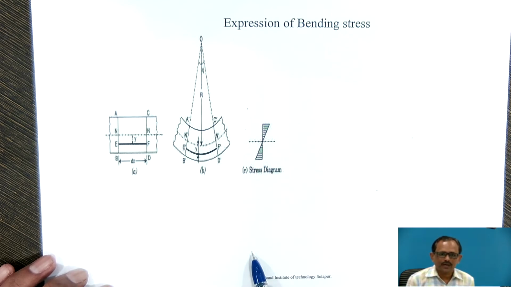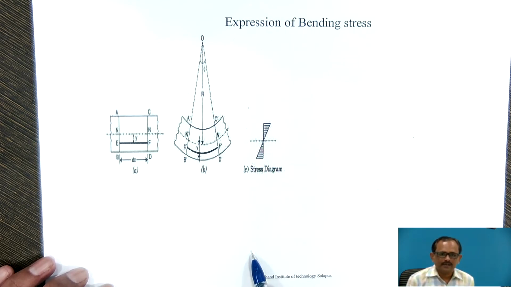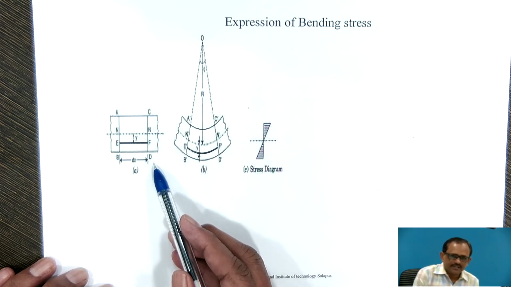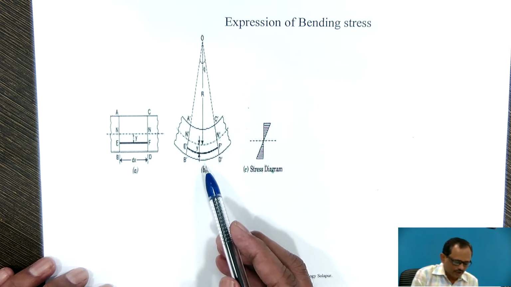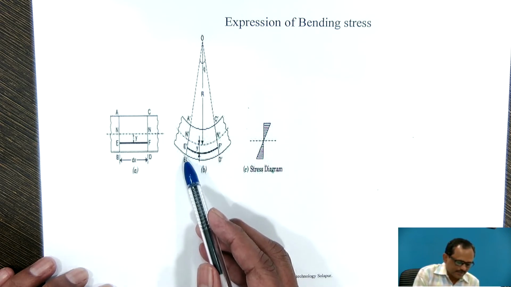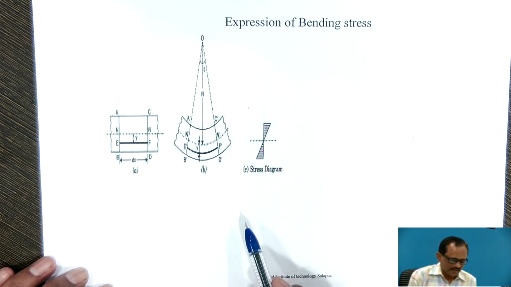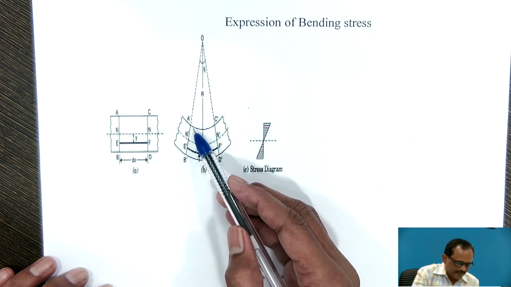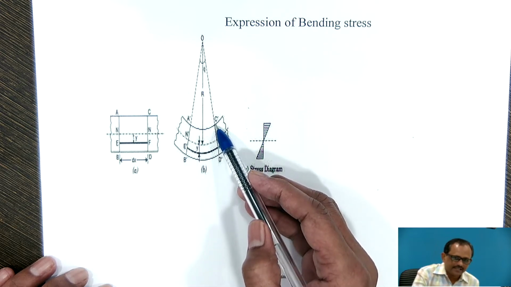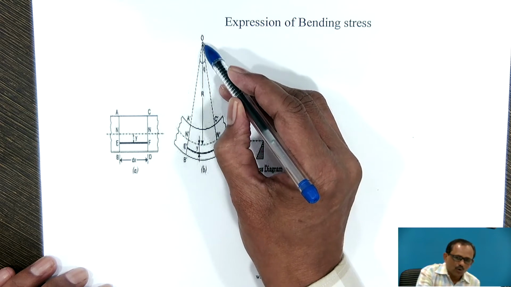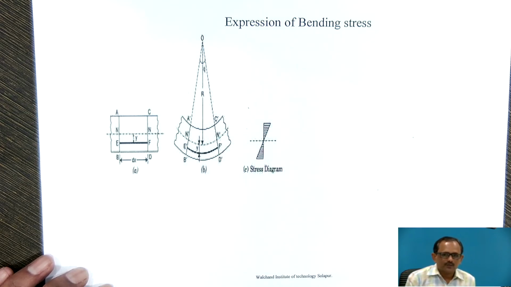Due to the action of bending, the section AB and section CD get deformed to A'B' and C'D'. When A'B' and C'D' are extended, they will meet at point O. This point O is the center of curvature.